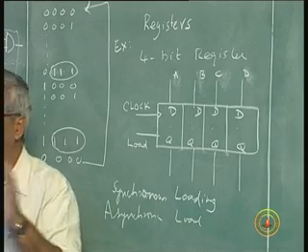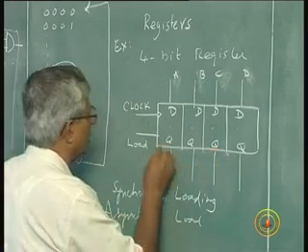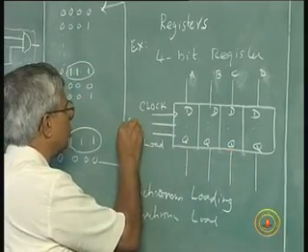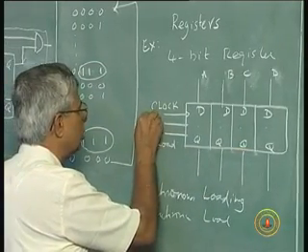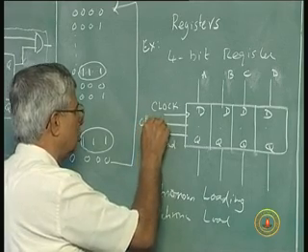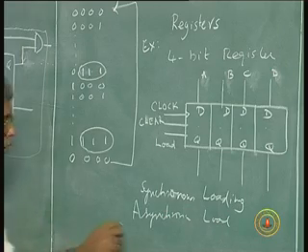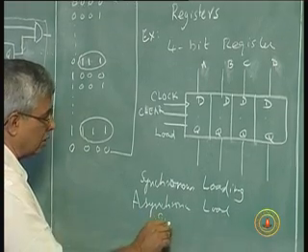Likewise, I want to clear a flip flop, that also is possible. So, I can have one more control called clear. Also, clear can be synchronous or asynchronous, same concept.